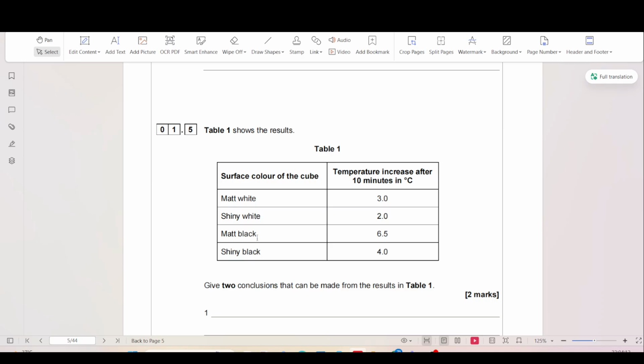Then shiny white is worse. Yeah, dull surfaces are better absorbers of radiation than shiny surfaces. Like you can see, matte black is 6.5 and shiny black is 4.